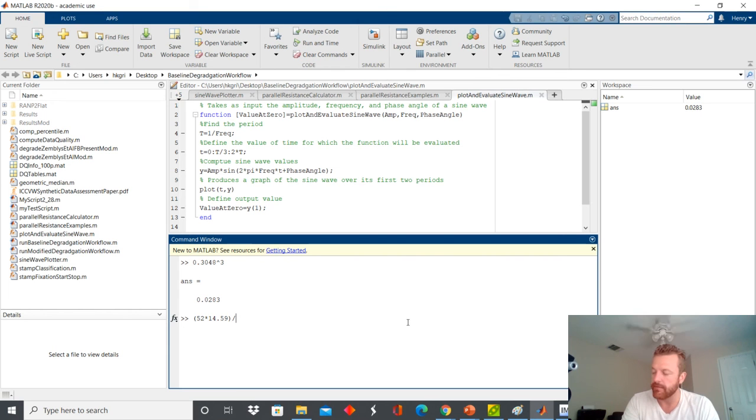And rather than divide by actually typing in 0.0283, in MATLAB, your computational answer is always stored in a variable called answer. So I'll just type in answer here. And that's going to allow me to use the entire precision that's being stored within my calculator. So when I do that, I get the result 2.6793 times 10 to the fourth kilograms per meter cubed.